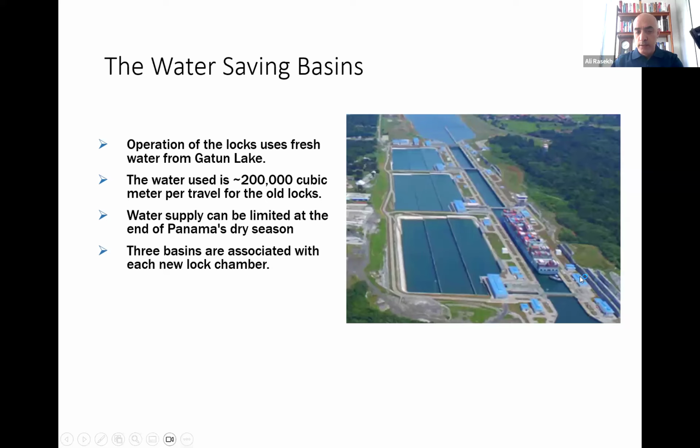This picture, I cannot remember whether it's a rendering or it was taken, I think it was taken after construction. So this is post-construction, where the new lock system is functioning and the basin system is also functioning, which reduces the waste of water. I will show another slide that makes this more clear.